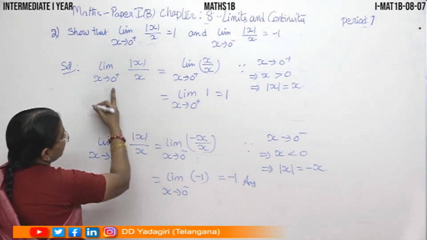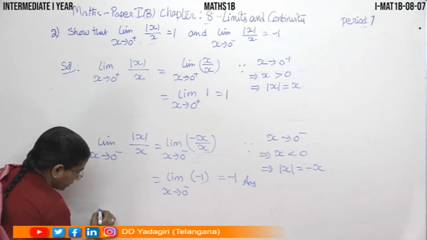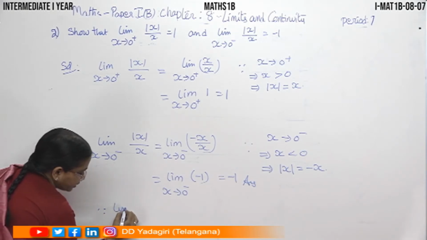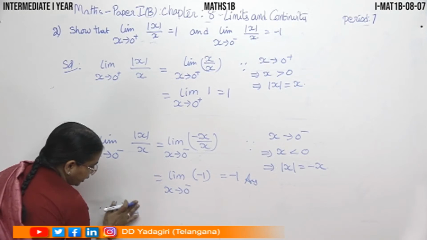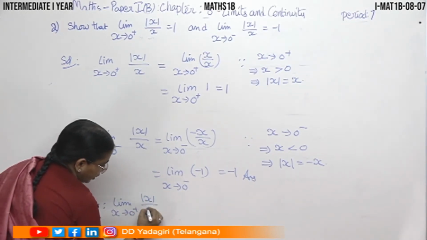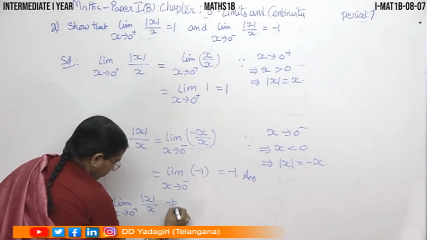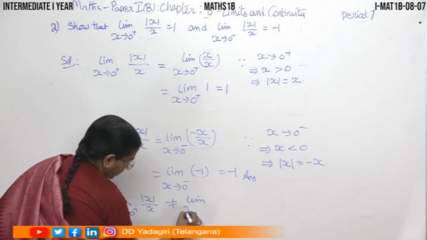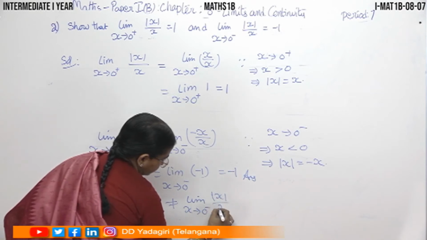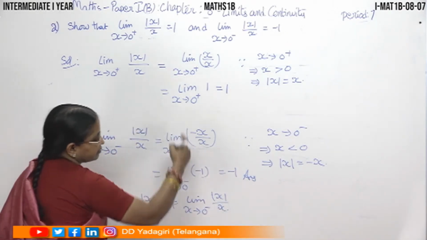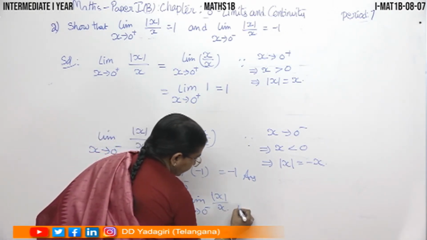So you can see the left limit is not equal to right limit. Since limit x tending to 0 plus of mod x by x is not equal to limit x tending to 0 minus of mod x by x. These two limits are not equal. One is plus 1, another one is minus 1.